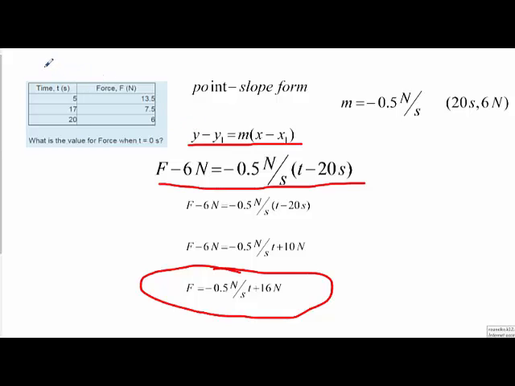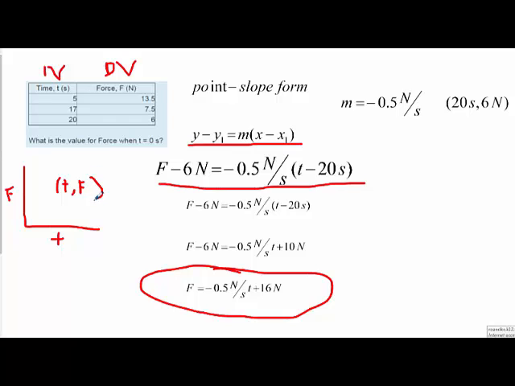First of all, when you're given a table, it's by convention that this is the IV and this is the DV. So if we were to graph this, on this axis we would have force, because this is the dependent variable axis, and on this axis we'd have time, because that's the independent variable axis. So when we're talking about a coordinate, it would go time, comma, force.